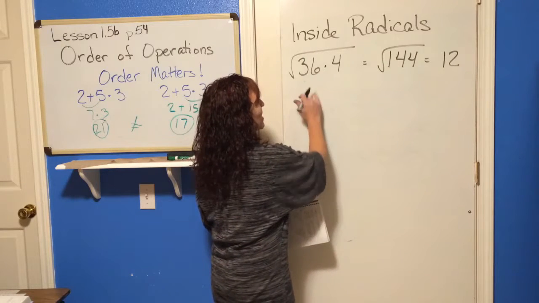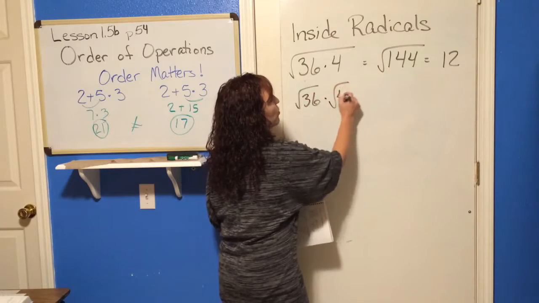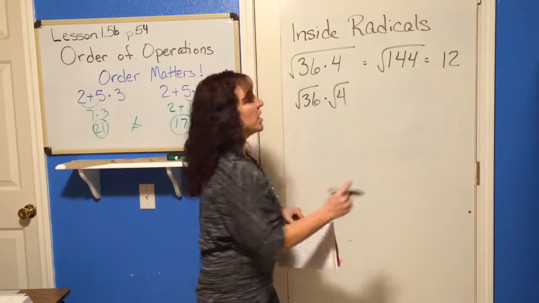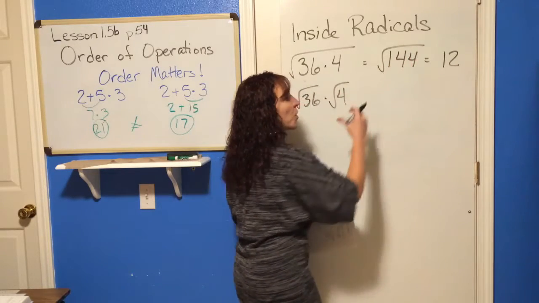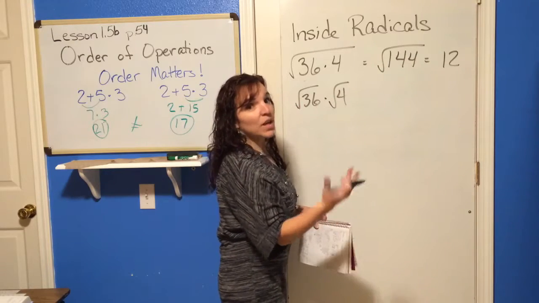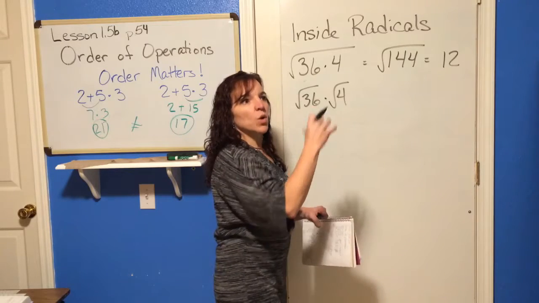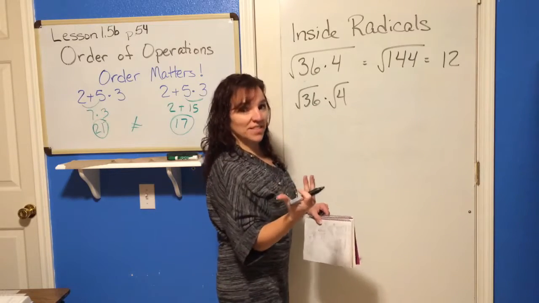You can also take this, the square root of 36 times the square root of 4, and do those separately. You can either multiply them first and then take the square root, or you can divide them up and take the square root first and then multiply, whichever is easier in your problem. So it's just a good trick to know whichever way is easier at the time.